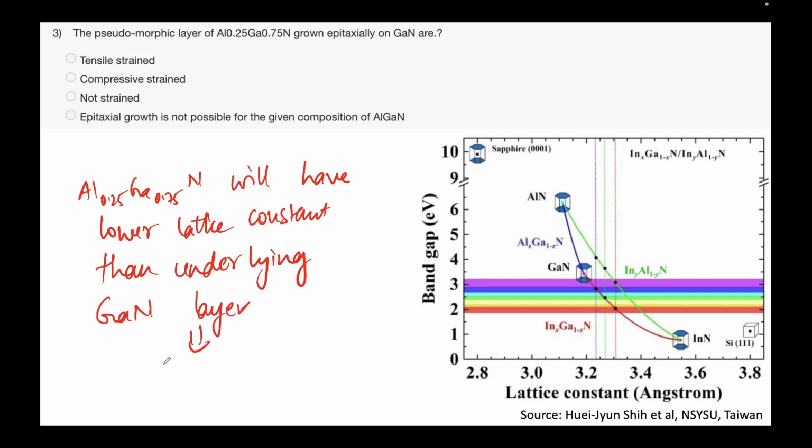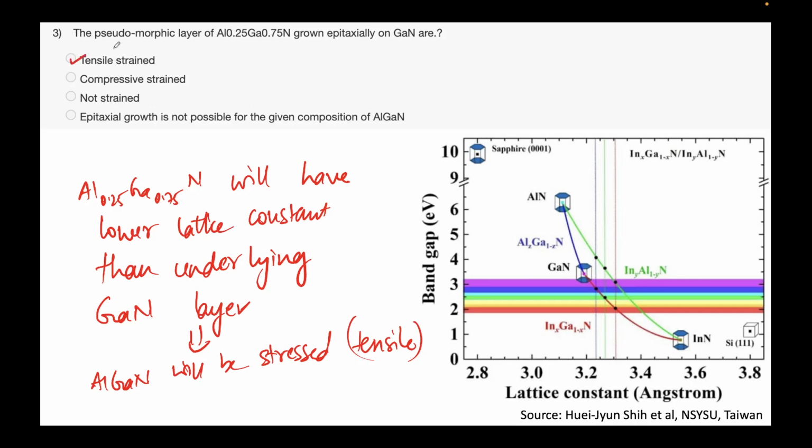What does this mean? This means AlGaN will be tensile stressed, because there will be a stretching effect on the AlGaN, right? So it is tensile stress.